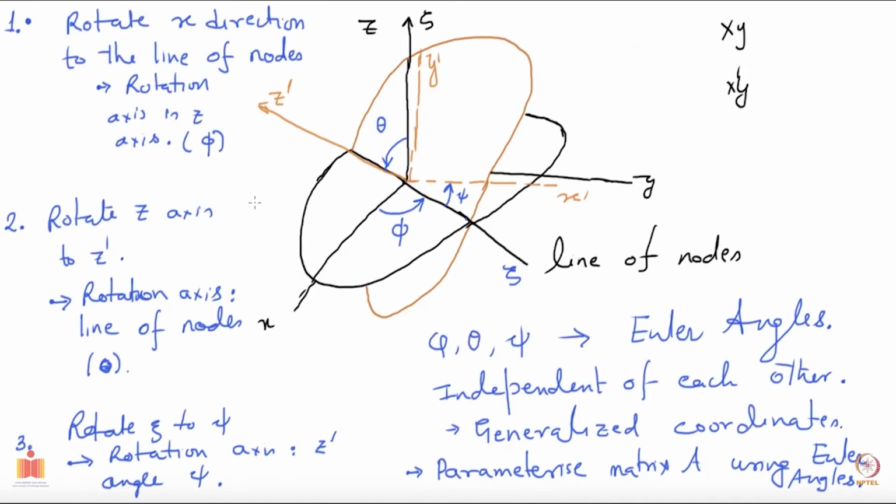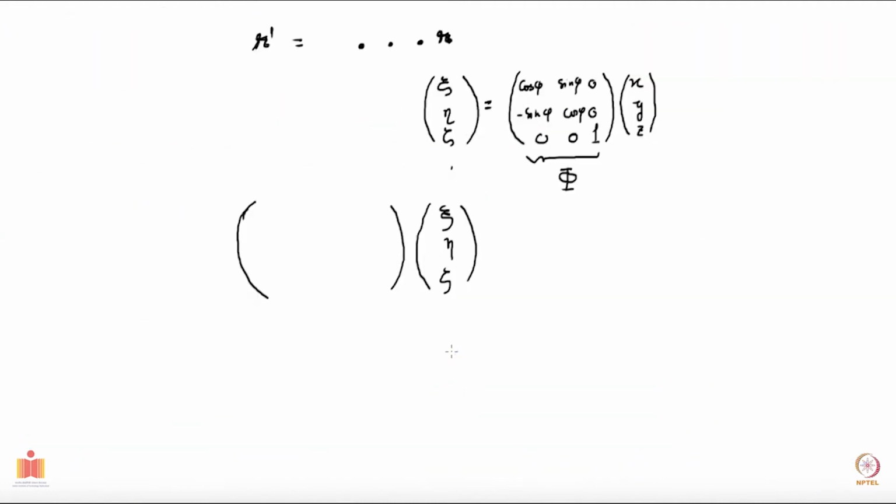Xi. So just like what we did here, for xi not to change, I have to have these entries, right? Now you have to mix eta and zeta, and the angle is theta, so it has to be cos of theta, sine of theta, minus sine of theta, and cos of theta.